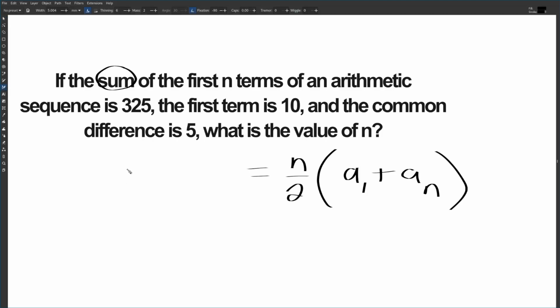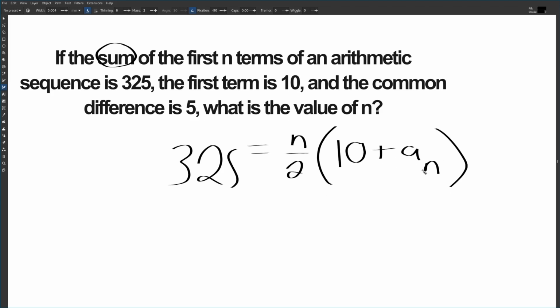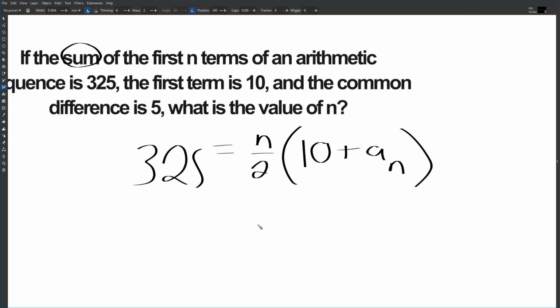Substituting, we get 325 here. The first term is 10. Let's put that in for a of 1. And still here, we don't know what a of n is. Let's see if we can find a way to define a of n. We know that a of n has to be a term of the sequence, so we can write it using the information we know.